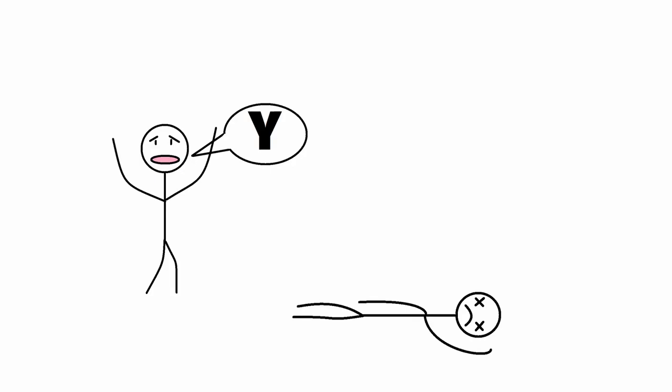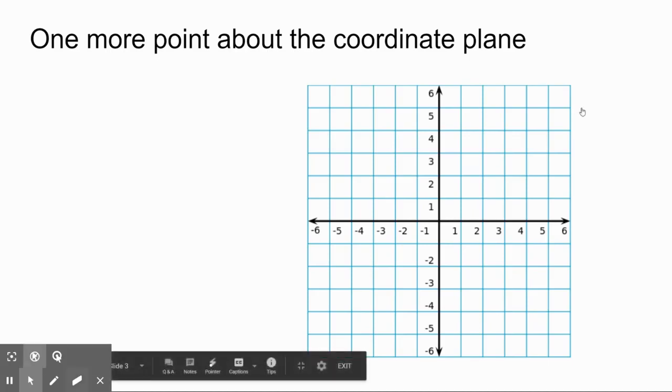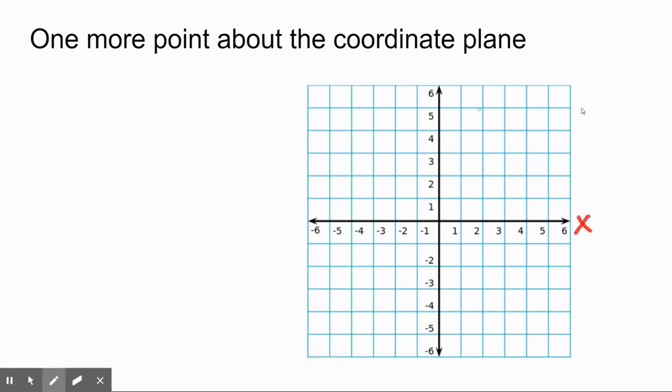That can sometimes help you remember which one's which. I'm sure you have other ways as well that you may have learned previously, but that's the one that I like to use. So on this coordinate plane, we would need to make sure that we label our axes. So we know that this one is the x-axis, and our vertical one here is the y-axis.